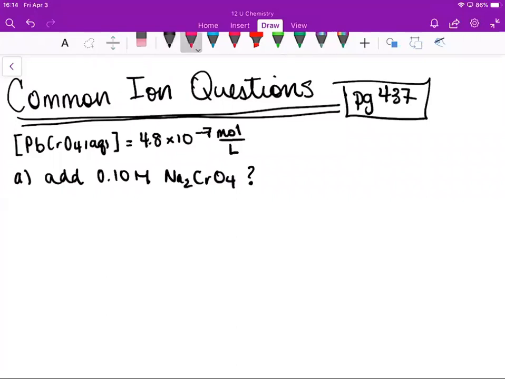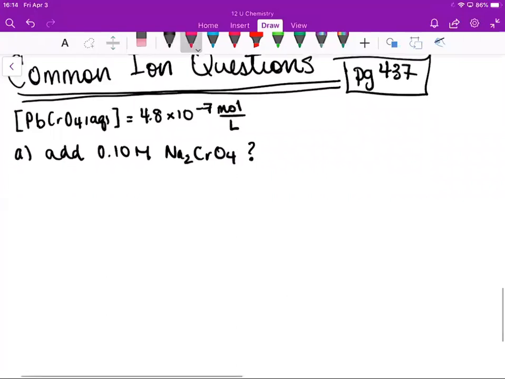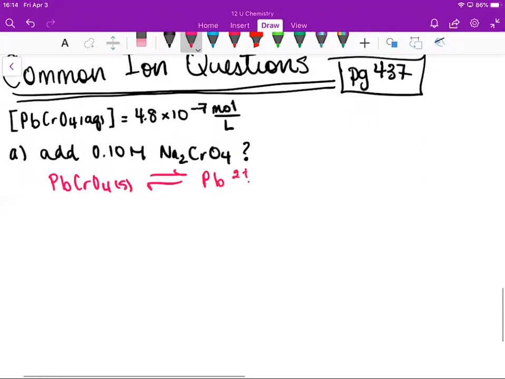So let's write our dissociation equation. And what's our stress to the system? We're adding sodium chromate. Now, is sodium a common ion?